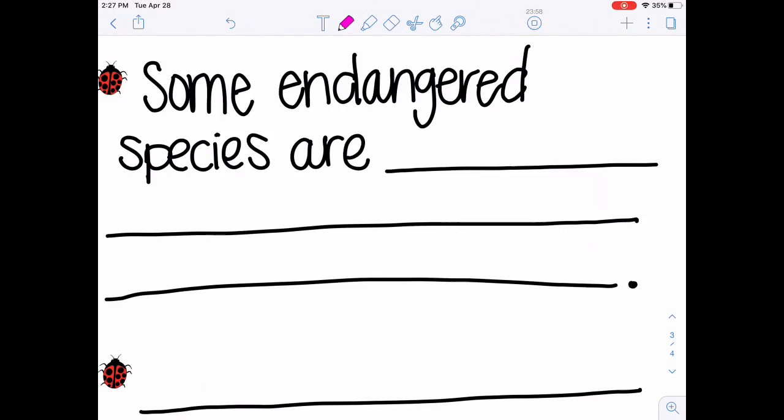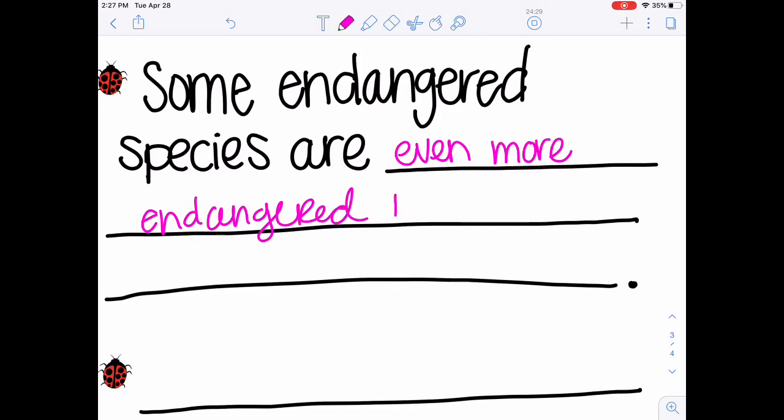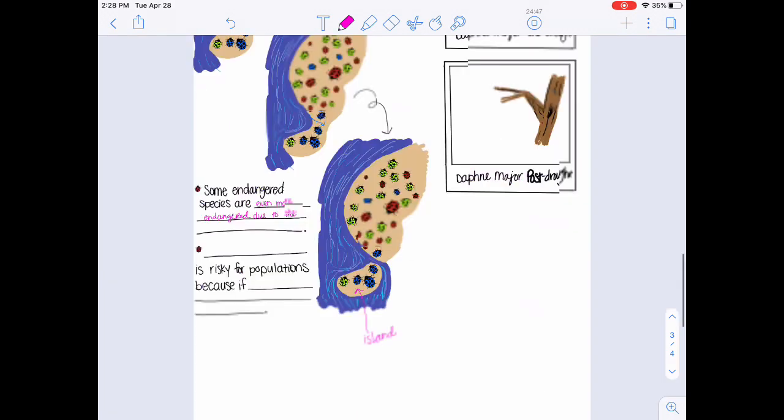Some endangered species are even more endangered due to the bottleneck effect.